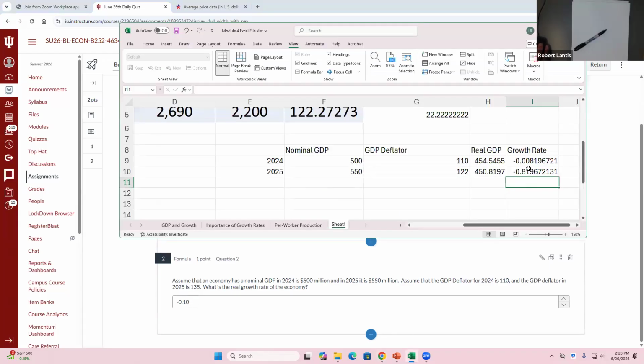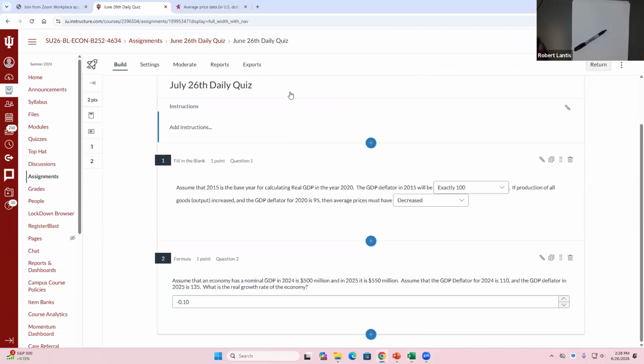When we worked through the math, we ended up with negative 0.008 or negative 0.01, not 0.10. It was supposed to be 0.01. All right, so I just wanted to make sure we had an example where we could work through the math here. Any questions on that? Make sure you're getting that submitted if you open it up to work along with me.